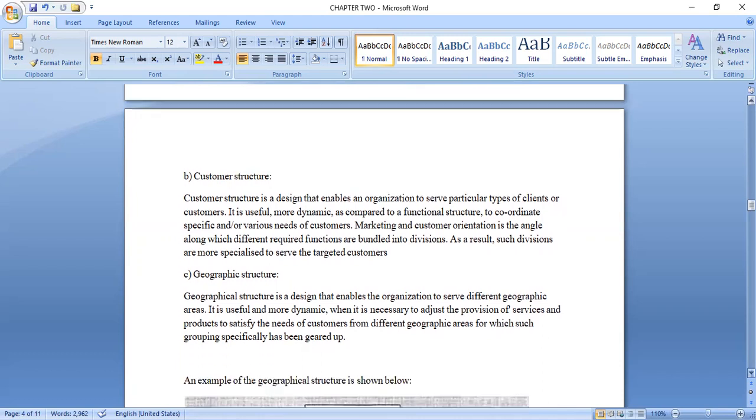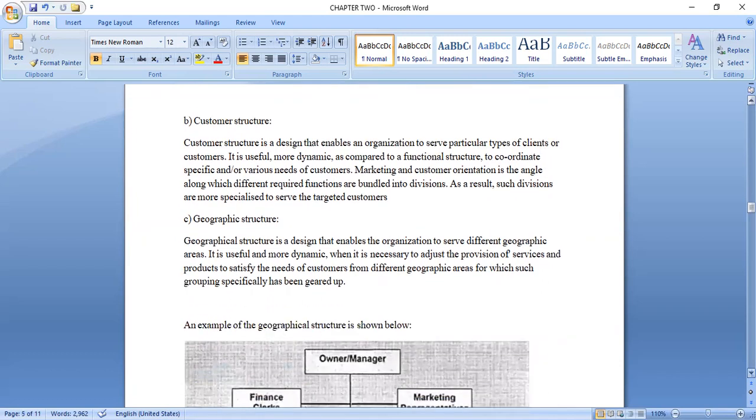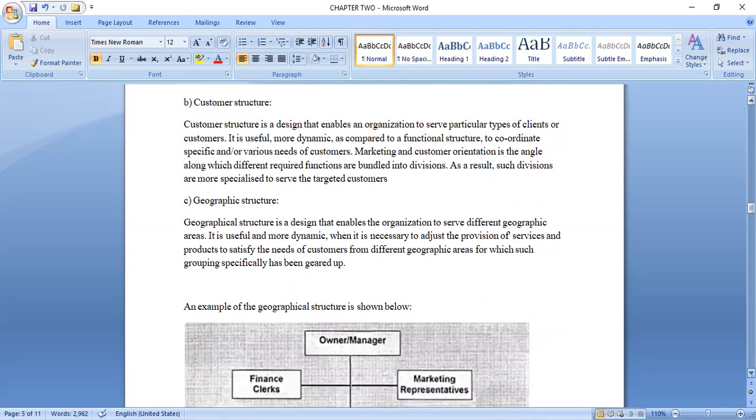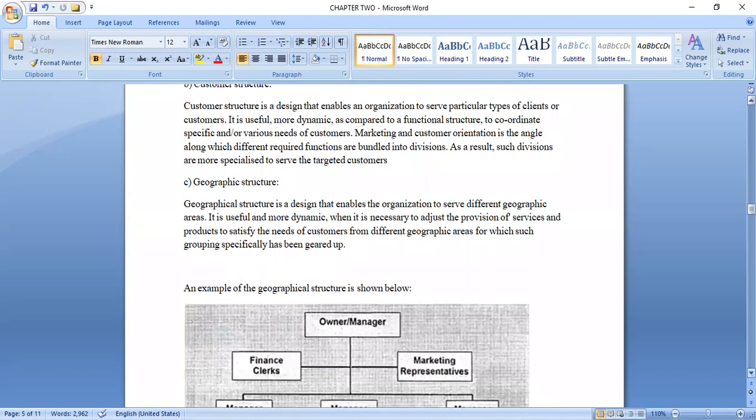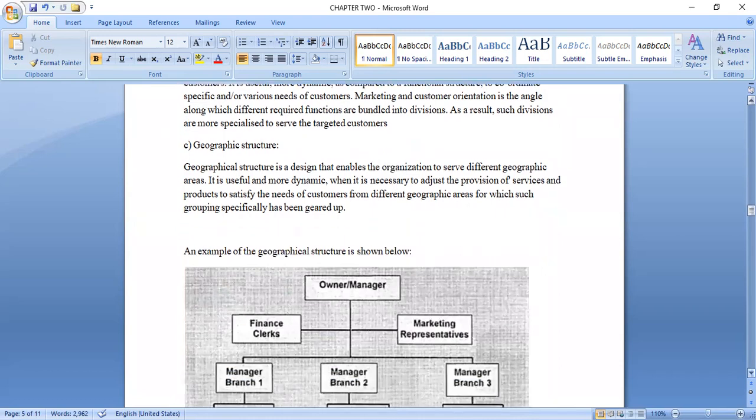Then we have the geographic organizational structure, and like the name goes, here still it will be divided or categorized into, for example, different branches.